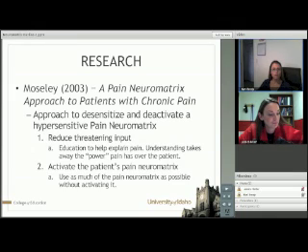The goal of Mosley's clinical approach is to reduce the sensitivity and activity of the pain neuromatrix by reducing the threat. They propose two ways to do this, reducing the threat and activating the patient's pain neuromatrix. Three main effects occur after injury and with chronic pain. First, there is a reduction in tissue tolerance by virtue of altered tissue properties, deconditioning, and disuse.